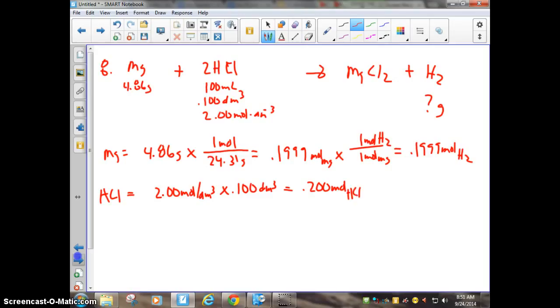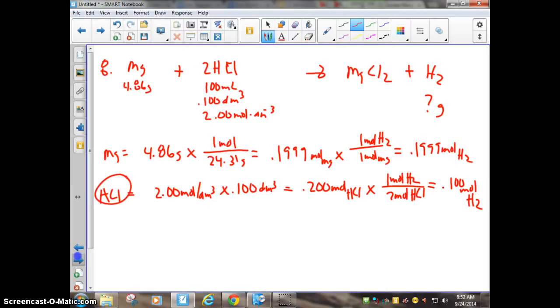Right now it looks like they're pretty equal. I mean, 1/10,000th is pretty slim to call, except when I look at the molar ratio, I only get 1 mole of H2 for every 2 moles of HCl. So even though I start with about the same molar amount of each reactant, this will only yield 0.100 moles of H2, which means HCl is my limiting reactant.